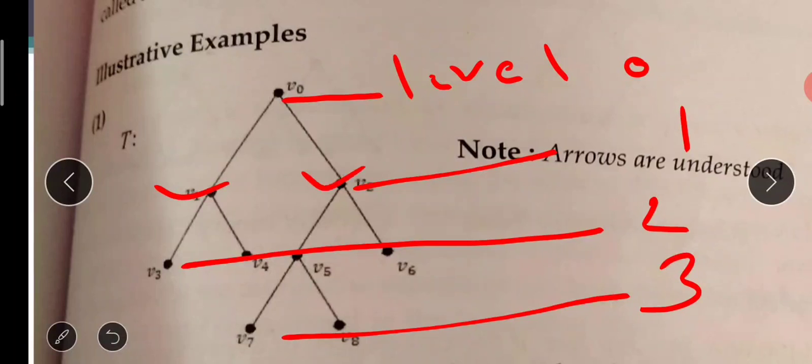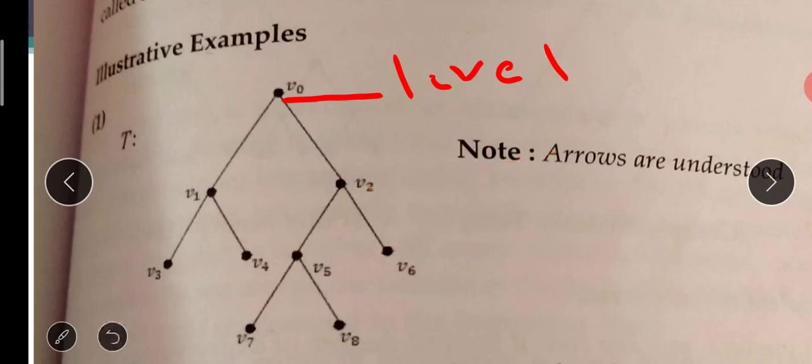Now, some other points. Just try to carefully watch, so the concept will be very clear to you. First one: vertex V2 is the ancestor of the vertices V5, V6, V7, and V8.